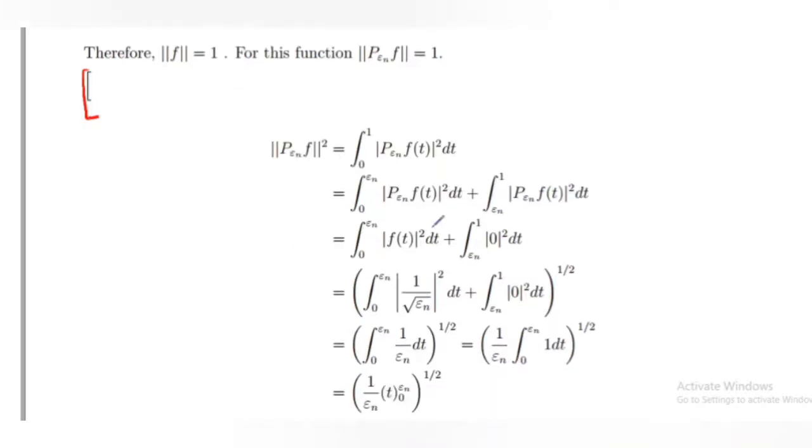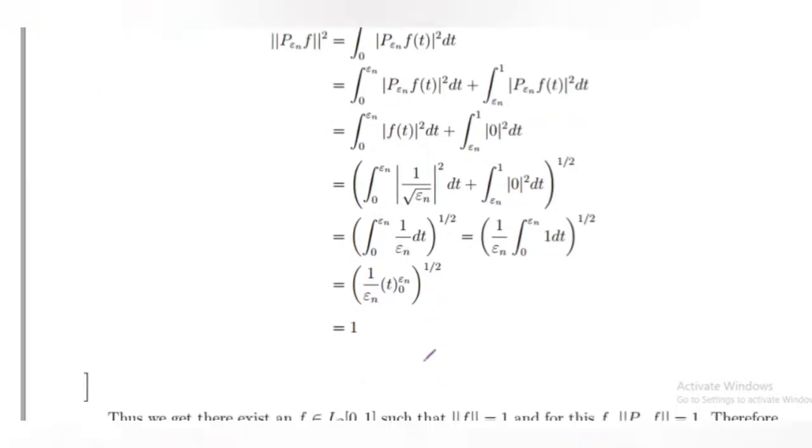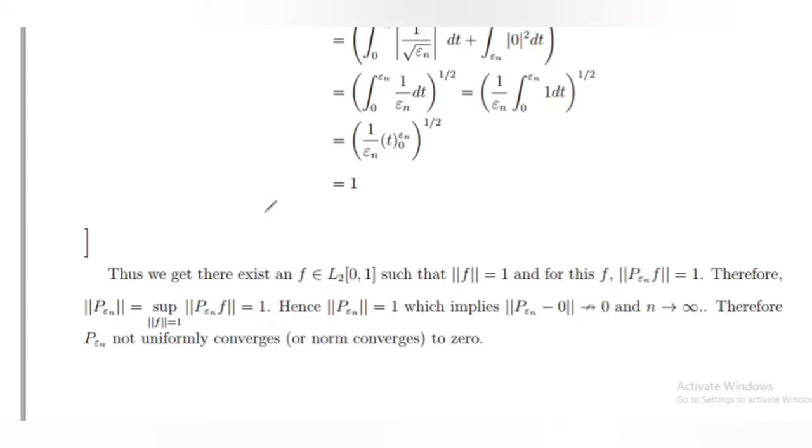So this is equal to the integral from 0 to epsilon n like this, and finally we get the same thing: norm of P epsilon n f equal to 1. Thus we get the existence of f belonging to L2(0,1) such that norm of f equal to 1, and for this f, norm of P epsilon n f is equal to 1.